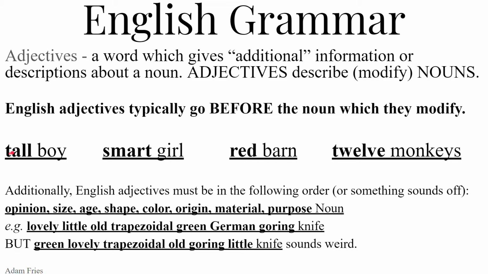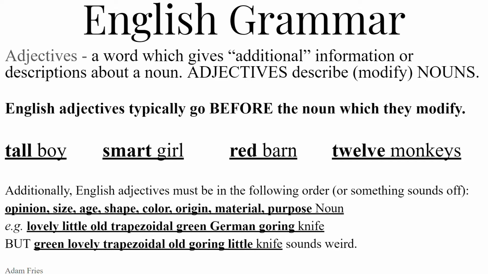We say that the adjective tall modifies the noun boy. A smart girl. The adjective smart modifies, gives more information, and describes the noun girl. A red barn. 12 monkeys. Colors are adjectives as they describe nouns. Numbers are adjectives because they describe nouns.